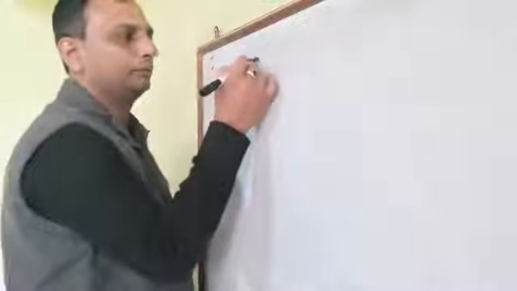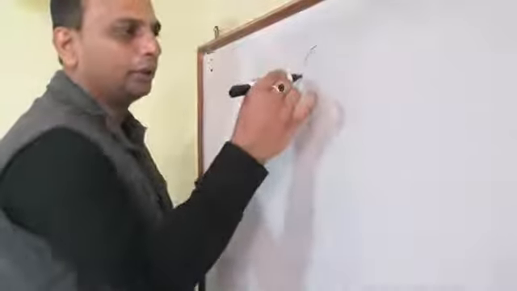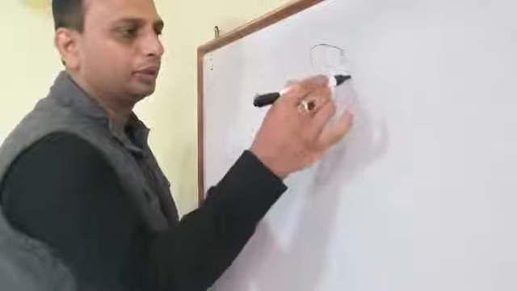Now, the first question of exercise 10.5. Suppose this is the quadrilateral, this is a circle.